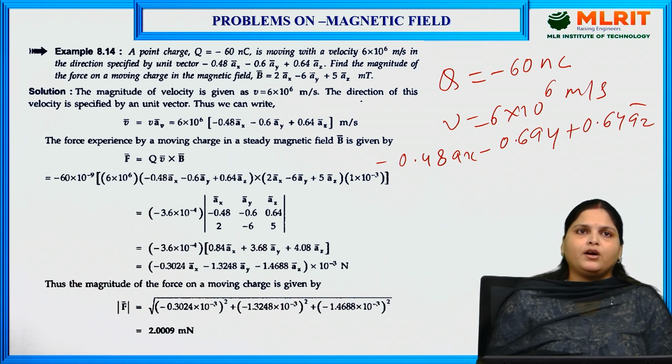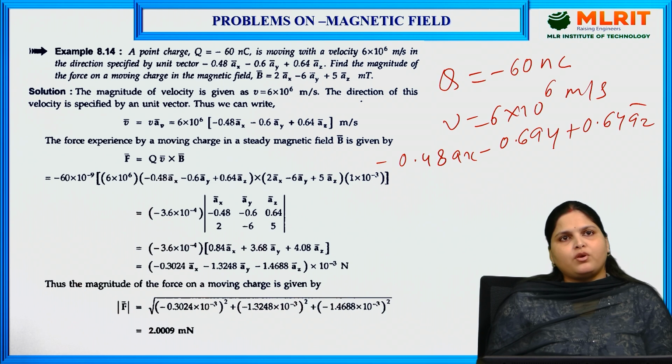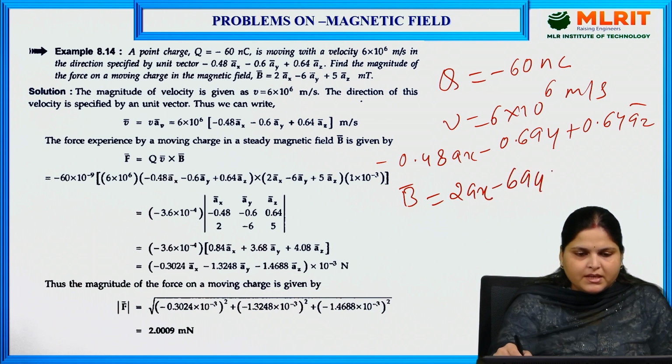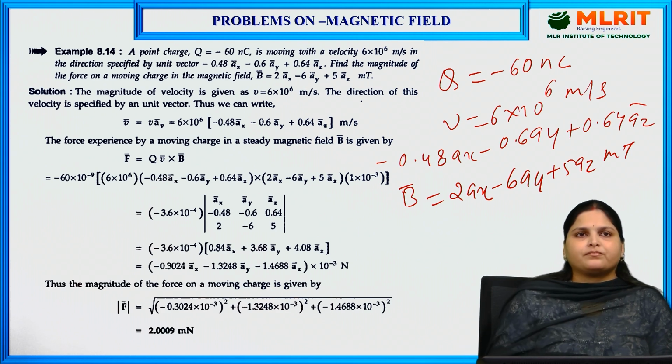We have to find the magnitude of the force on the moving charge in the magnetic field B, and B is given as 2 ax minus 6 ay plus 5 az Tesla.